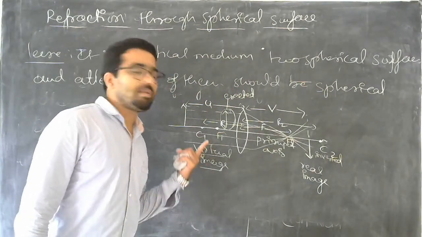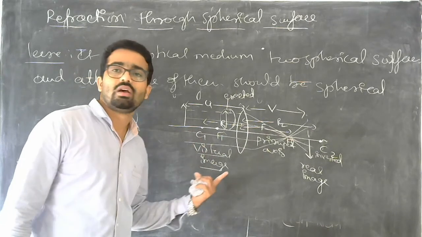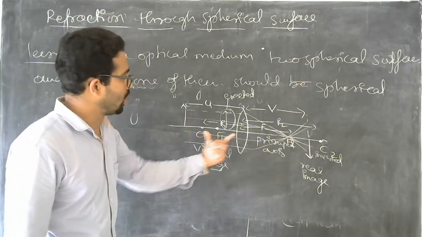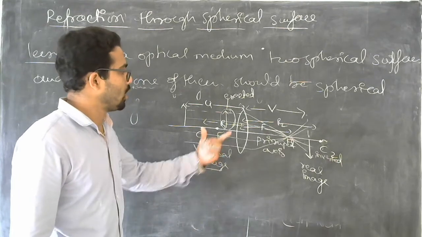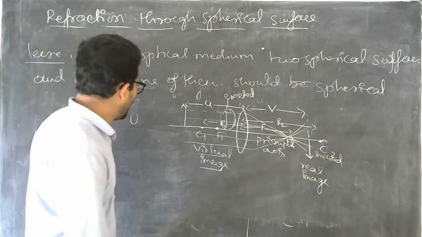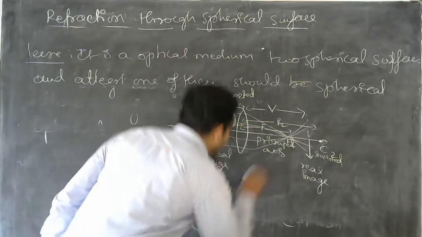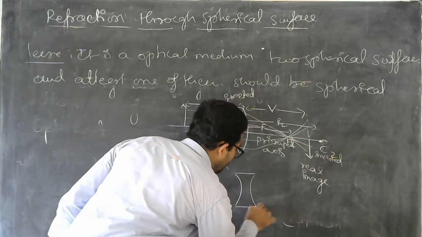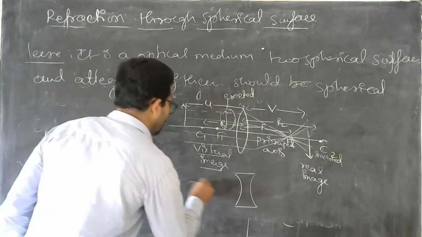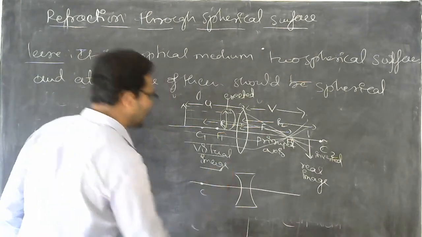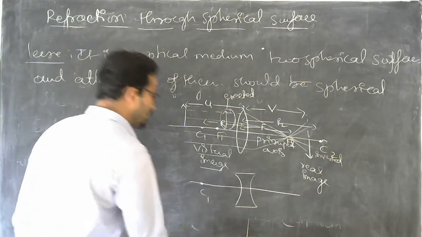A similar case is true for a concave lens also. You can also draw this for a concave lens. If you consider a concave lens, this is the principal axis. Here it will have C1.